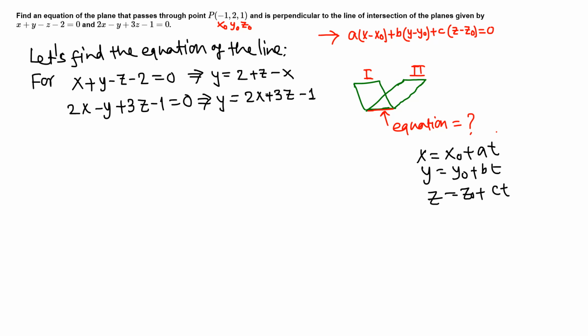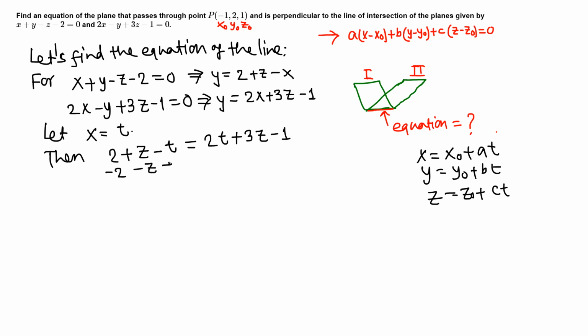To make our life easier, we can assume x is just a number t. Then set them equal, so we get y equals 2 plus z minus t equals 2t, x is by the way t, plus 3z minus 1. Now we can solve this for z. So let's move terms around.